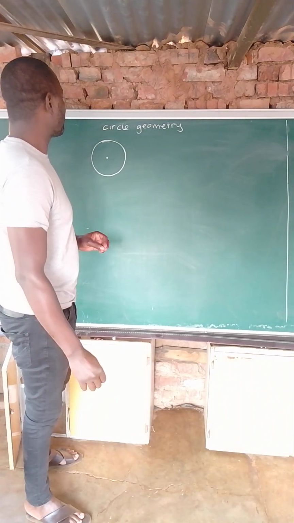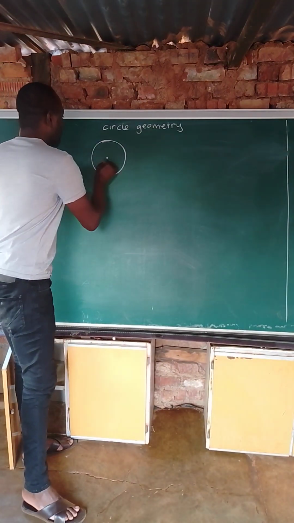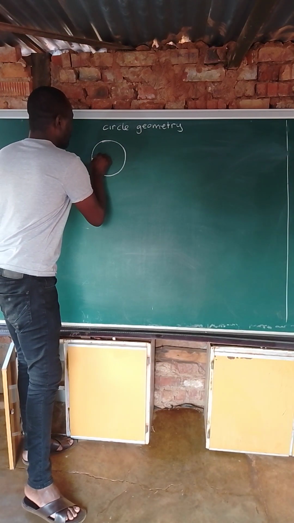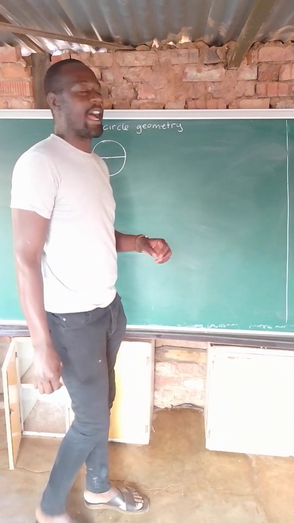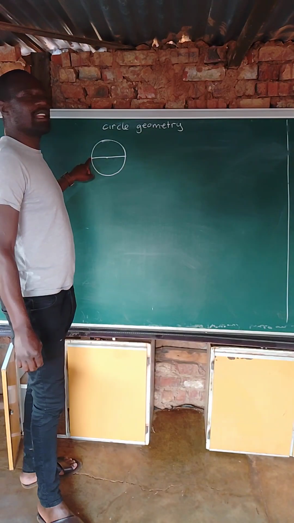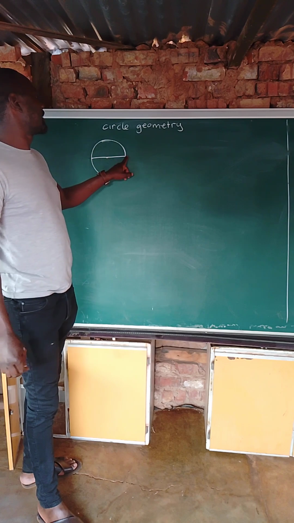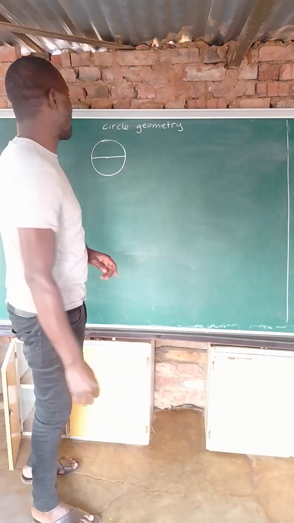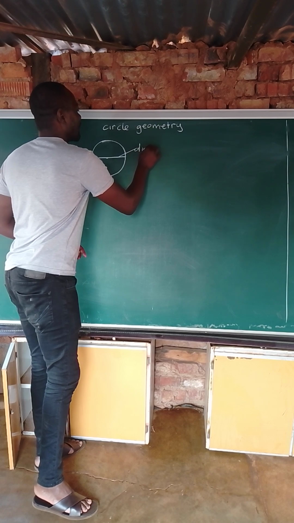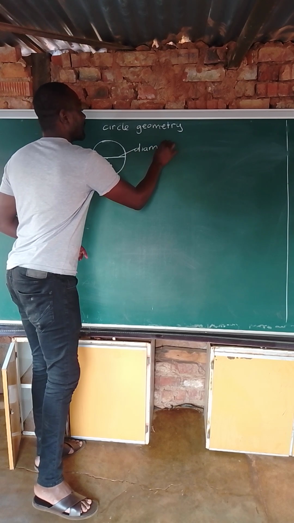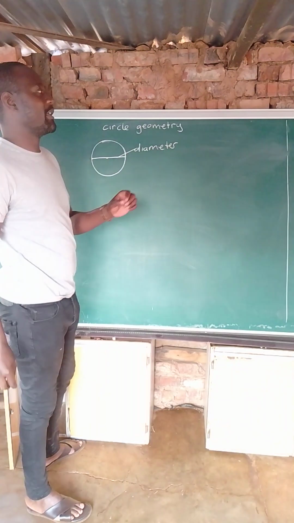Now, if we have a line which goes through the center from one end of the circumference to the other end of the circumference, it's called a diameter.